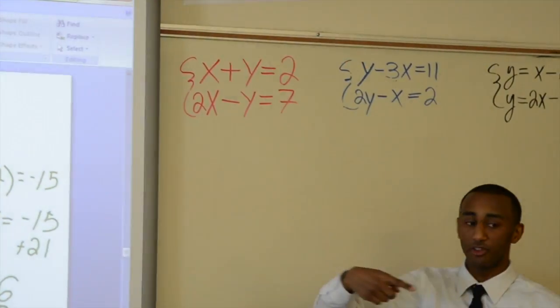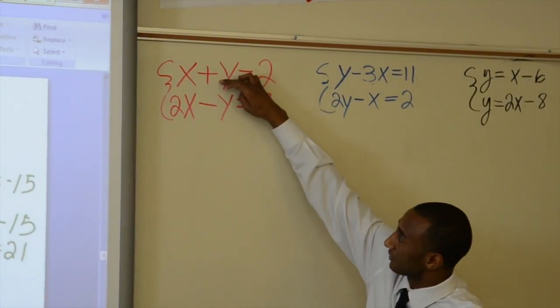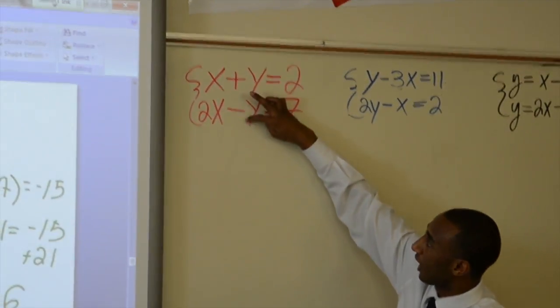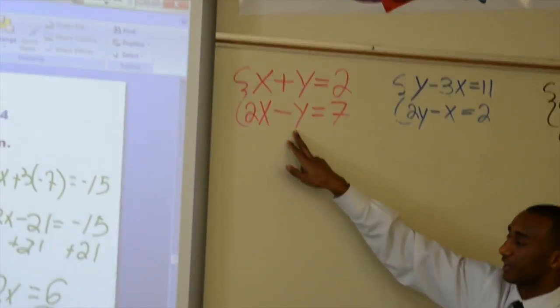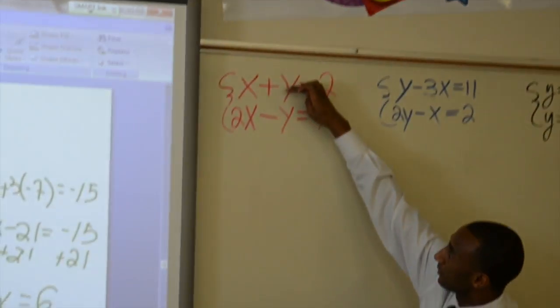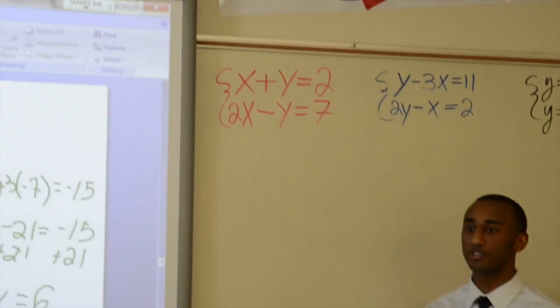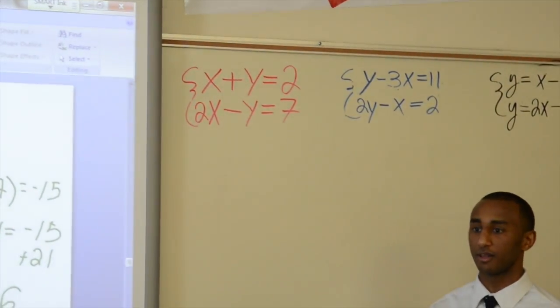Furthermore, if you wanted to eliminate the y, the signs are opposite. You have one that's positive and one that's negative, and the coefficients in front of them are the same. So with those observations, of course this would be easy to do by elimination.